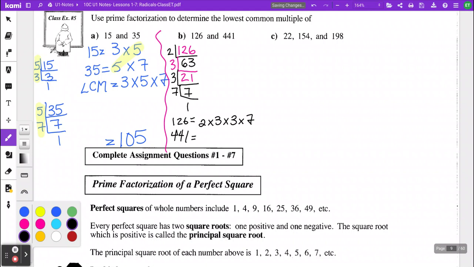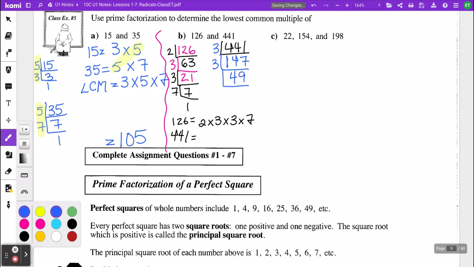Okay, 441. It's an odd number. So dealing with an odd number, we're going to divide it by 3. And it will divide by 3 147 times. And that's an odd number, which will divide by 3 again, which will become 49, which we know is a perfect square.